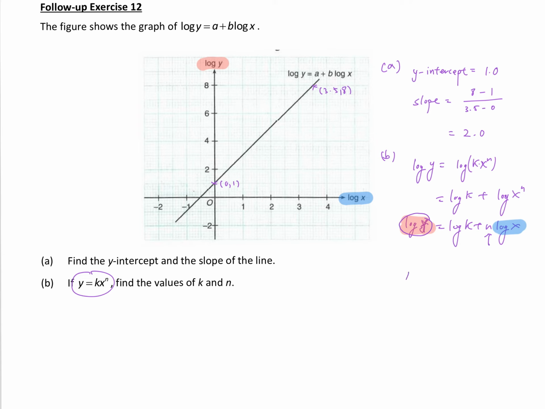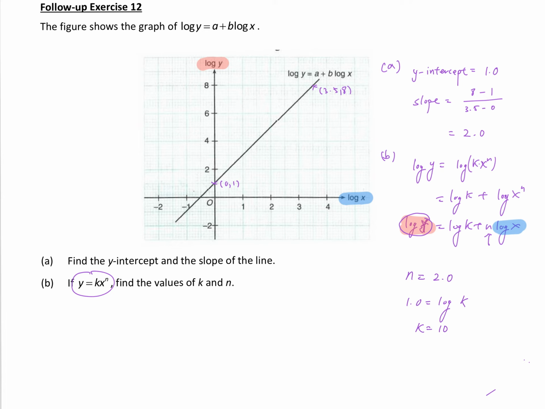So I know n is equal to the slope of the straight line. So n is equal to 2.0. And log k is equal to the y-intercept. So 1.0 is equal to log k. So k is equal to 10 to the power 1.0, which is equal to 10.